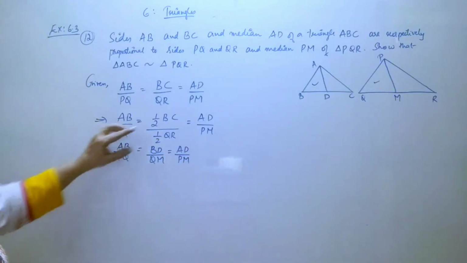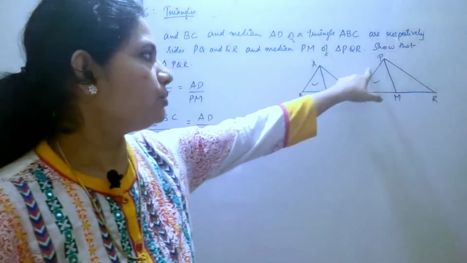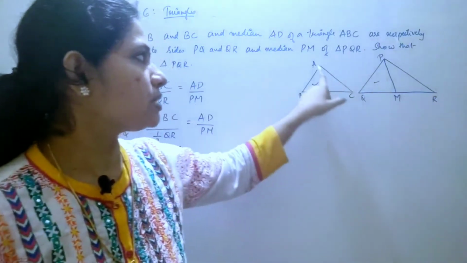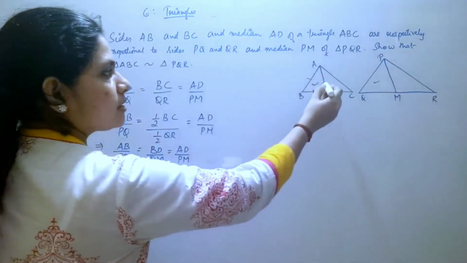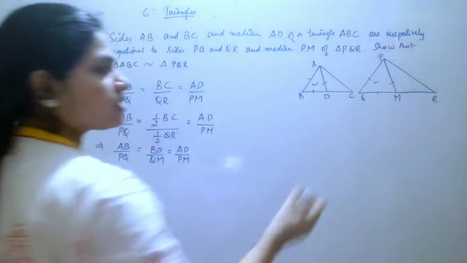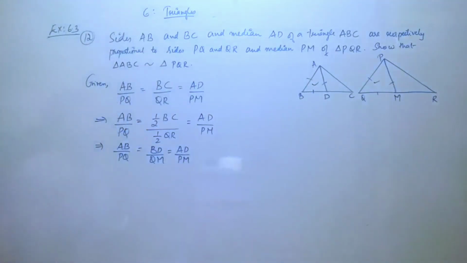Now you are getting AB by PQ is equal to BD by QM is equal to AD by PM, and this will give you three sides. So you can say that by SSS similarity criterion, these two triangles, that is triangle ABD and triangle PQM, are similar.